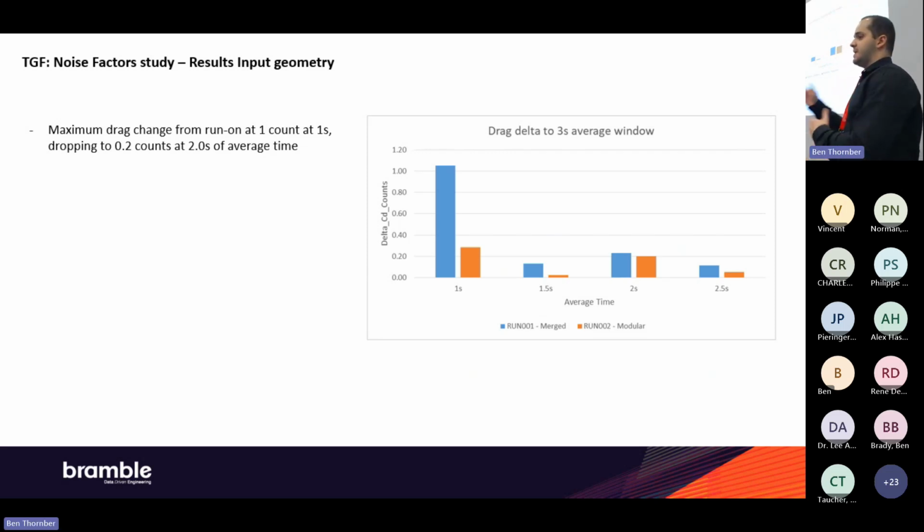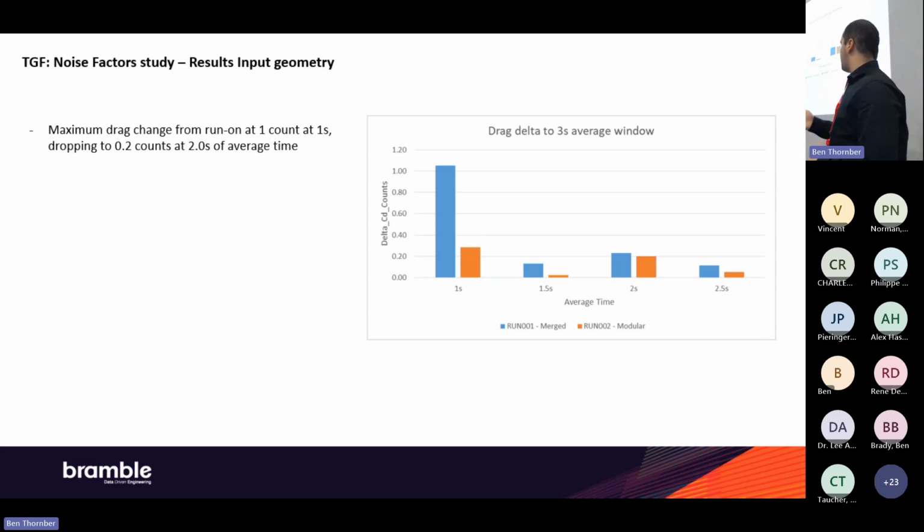And doing the same analysis of having the drag from the 3 seconds averaging compared with the different averaging times, this was similar to the initialization, which proves the point that running longer increases your statistical range, so you're going to have better quality in terms of variability.